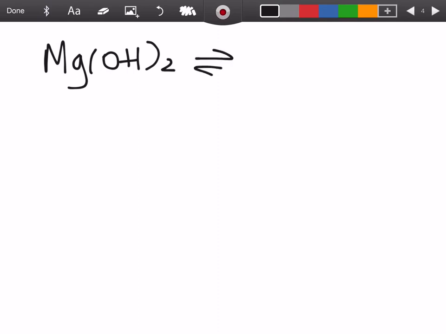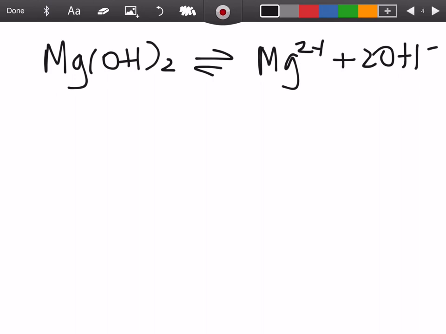Then for my second question, this is the one that we seem to do a little bit better with, the word problem rather than the math problem here. So I have my Mg(OH)2 solid in equilibrium with the Mg2 plus ions and 2 OH minus ions. And the first question asks me, how does the addition of OH minus from a base affect the solubility?